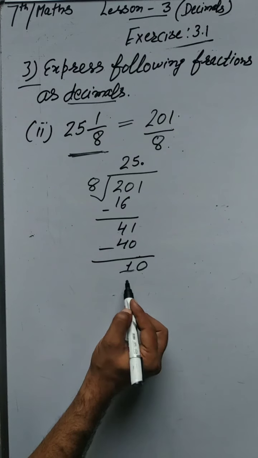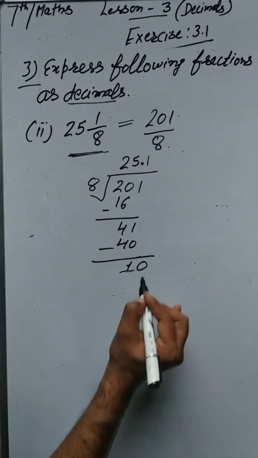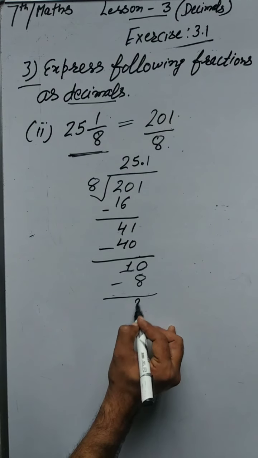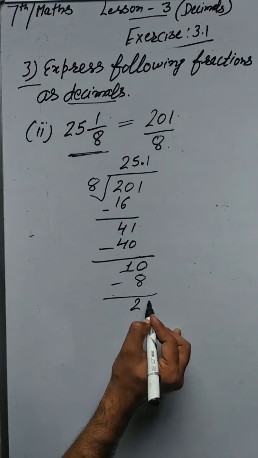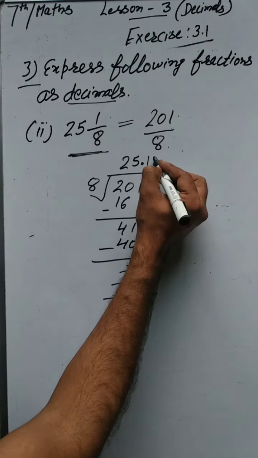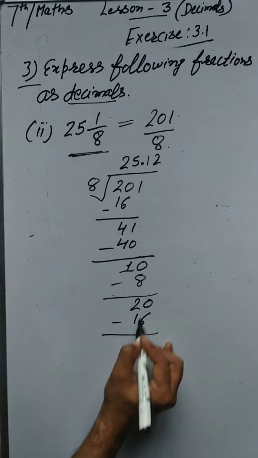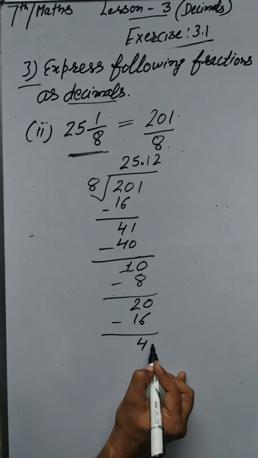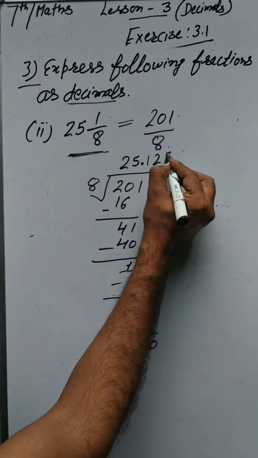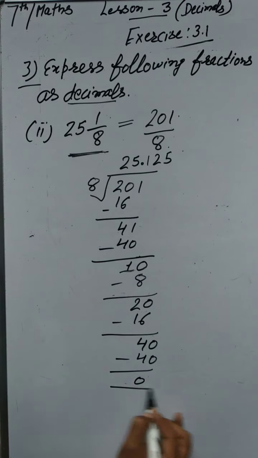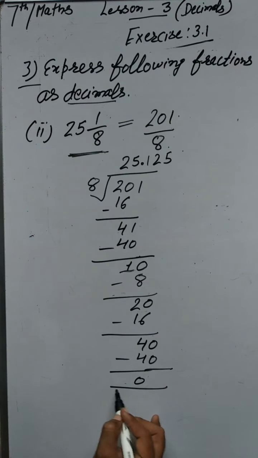Here, now beta, 8 1s are 8. Again 10 minus 8 is 2. Again place a 0. 8 2s are 16. 10 minus 6 is 4. Again place 0. 8 5s are 40. Understood beta?